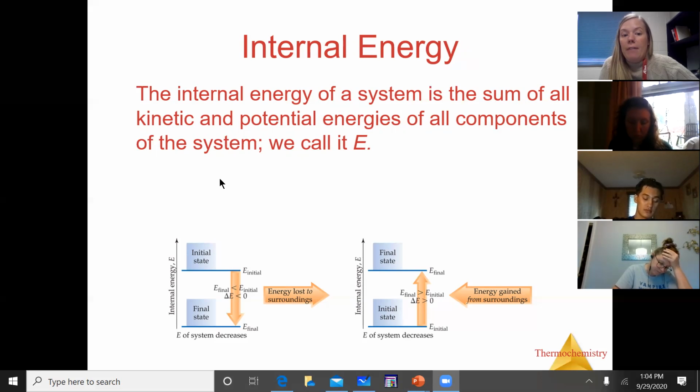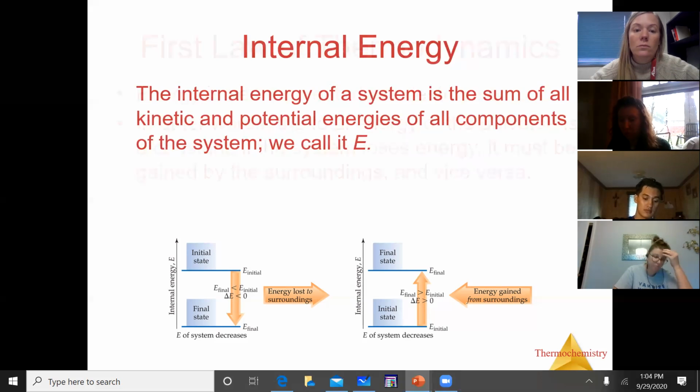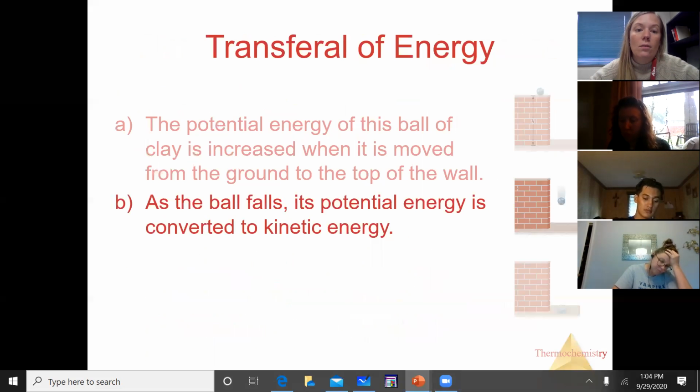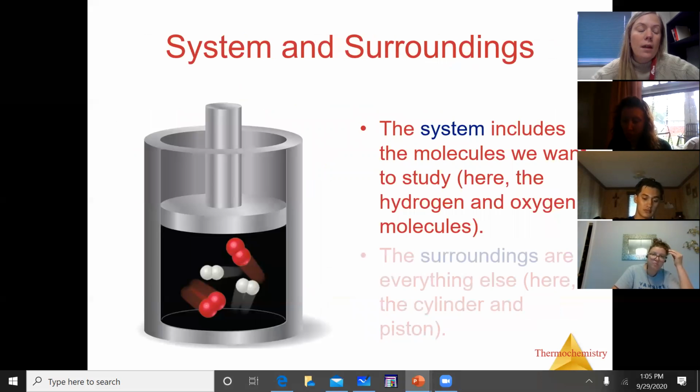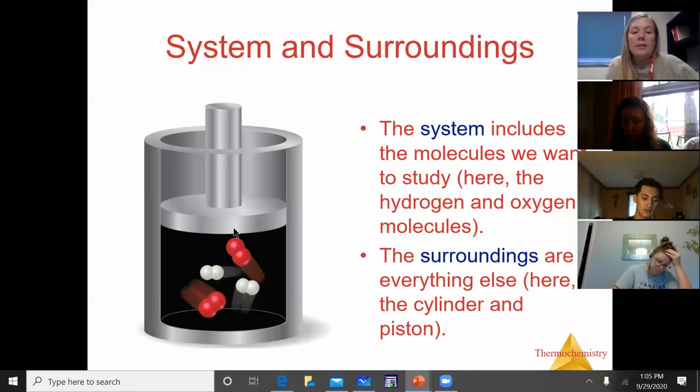So if we're looking at that piston from a little farther back, the internal energy of this is going to be the kinetic energy of the molecules moving around. It's going to be the potential energy of the bonds of these diatomics. It's going to be the kinetic energy of them hitting into each other.